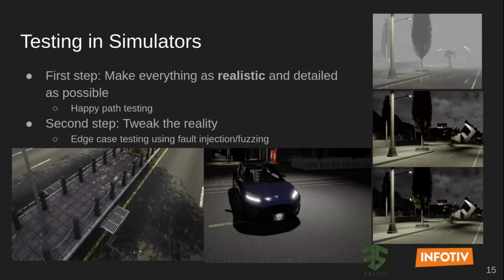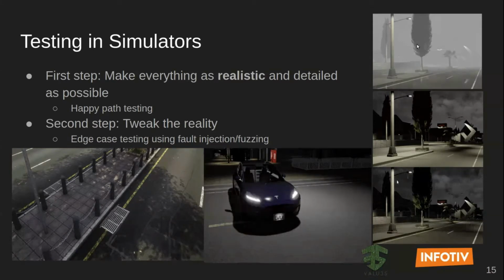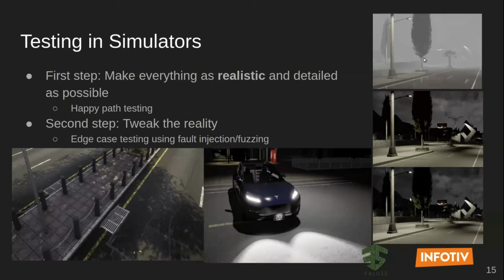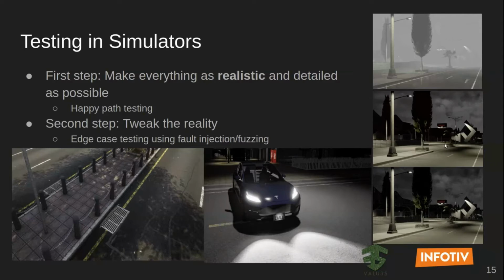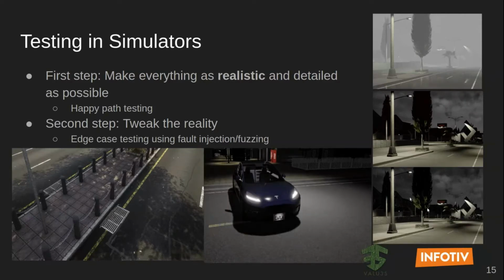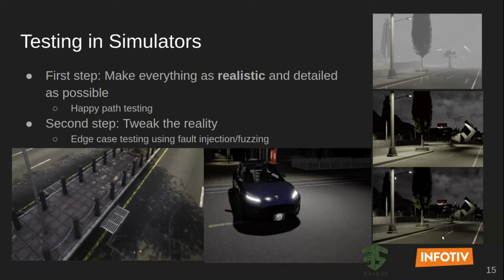In the coming slide, I will explain what I mean by a realistic simulator. As you see here, in a realistic simulator, when there is wind, the trees are shaking, the light affects the shadows, and when it's raining, there might be reflection of water on asphalt.